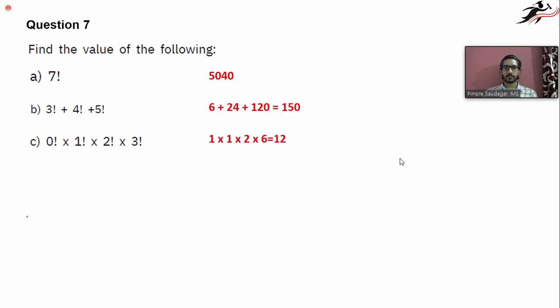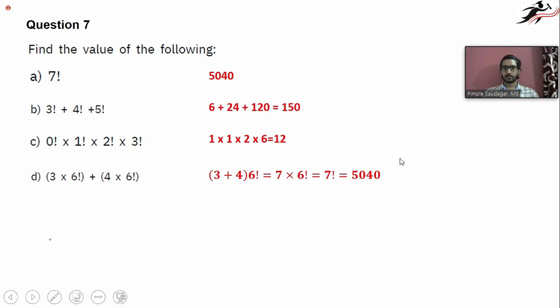Product is 12. Next. What I can do over here is take 6 factorial common. 3 plus 4 becomes 7. So 7 into 6 factorial becomes 7 factorial. Right? Which is 5040. Cool.